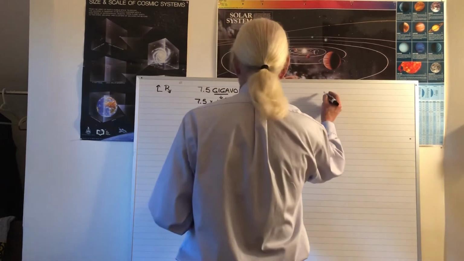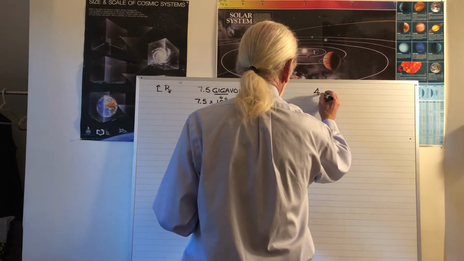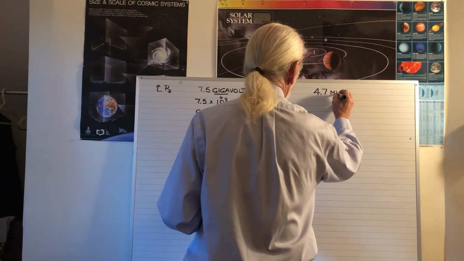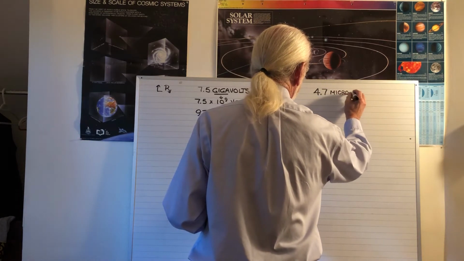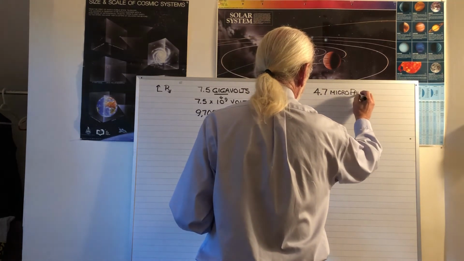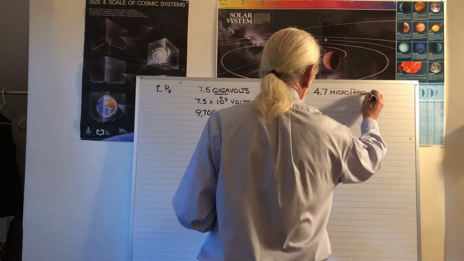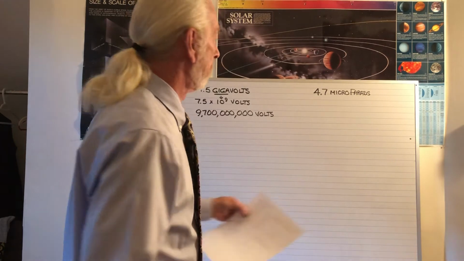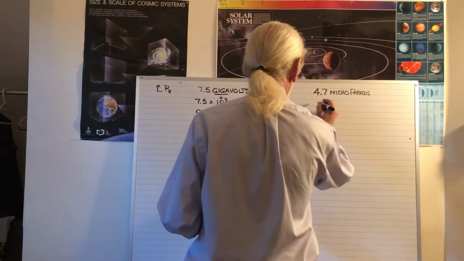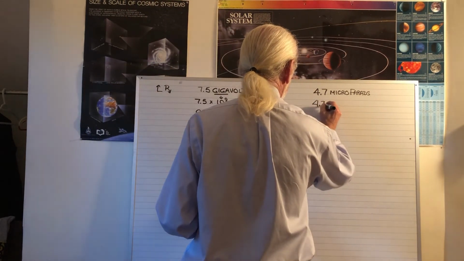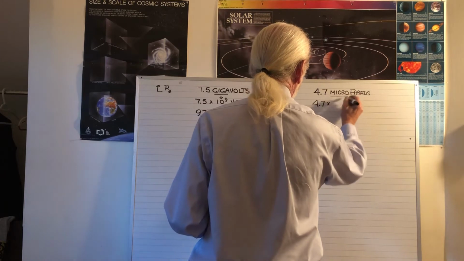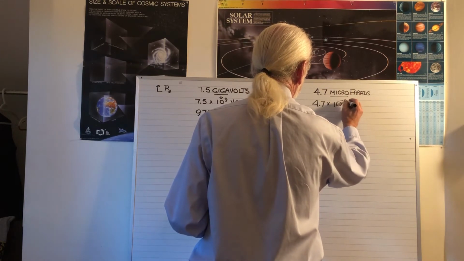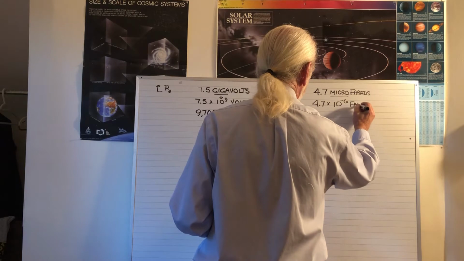4.7 microfarads. Not ferrets, farads. What's a farad? It's an electrical unit. All right, so 4.7 times 10 to the negative 6 farads.